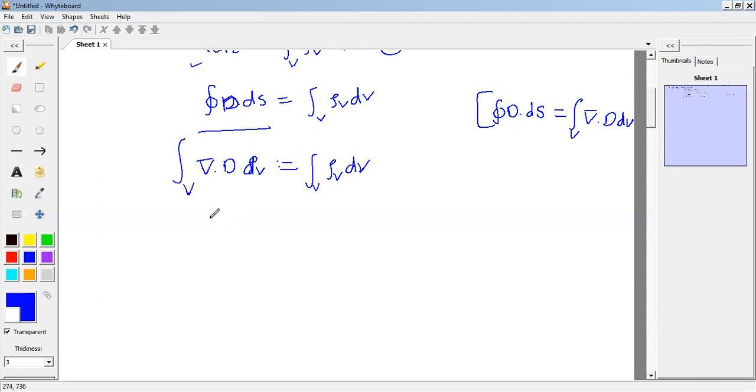By comparing these two, we may write del dot D equal to rho v.